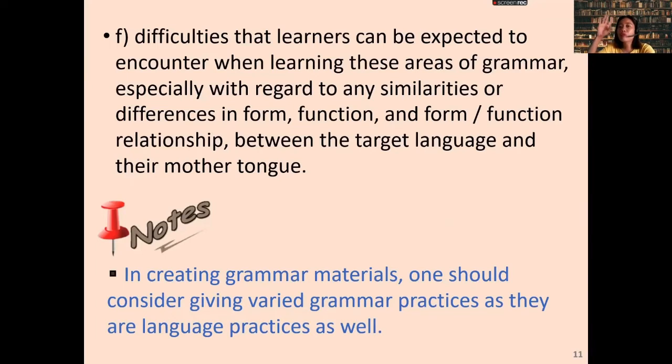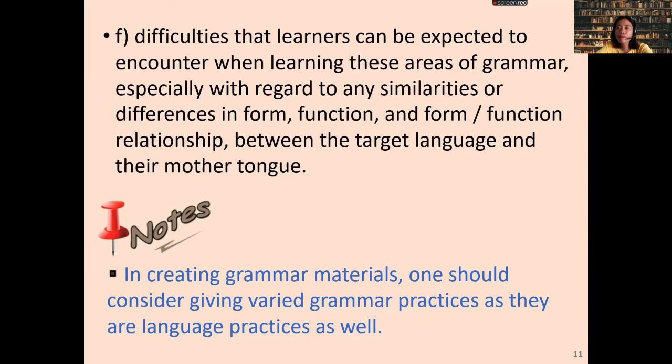So for example, when we create our grammar materials, class, we have to make sure that we would expect them to be able to handle this area or this specific topic in terms of their level. Right? Maybe it is too difficult for them.